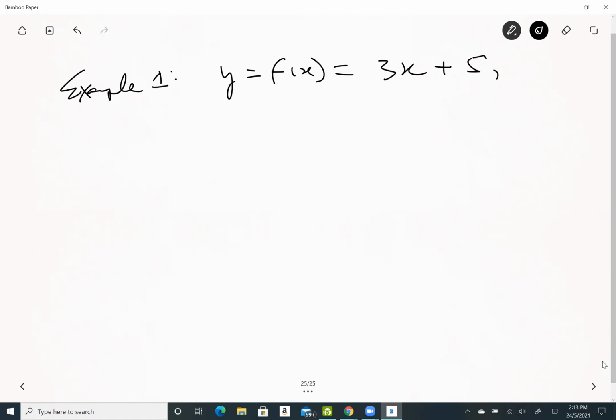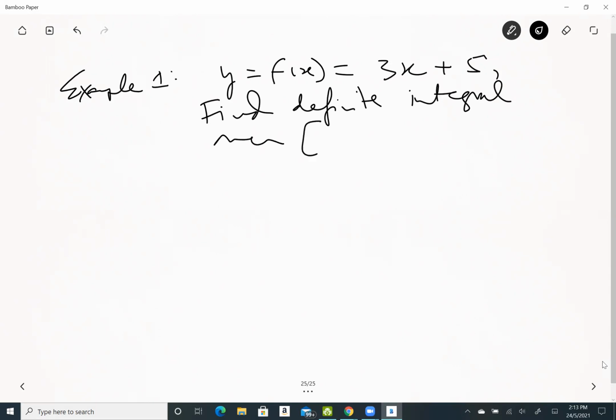I want to find the definite integral of the function over the interval a, b equal to, say, 2, 6. So that is the interval from 2 to 6.